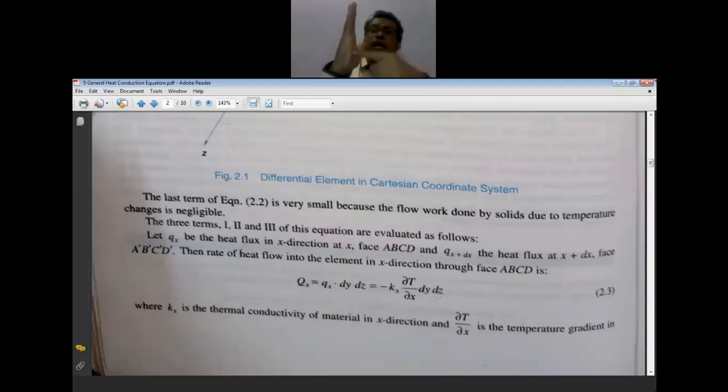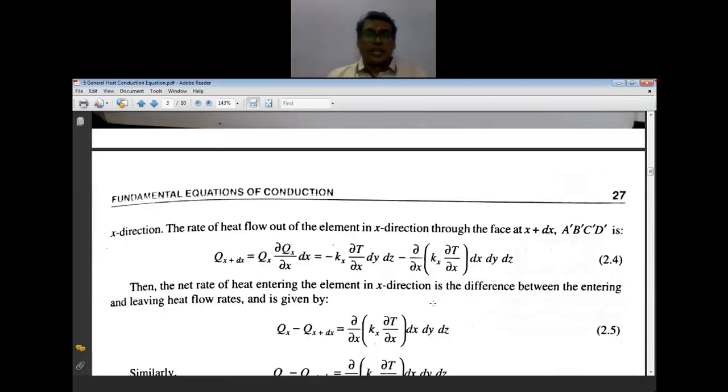So the surface area will be y and z. K is the thermal conductivity of the material in the x direction, and delta T upon delta x is the temperature gradient in the x direction.